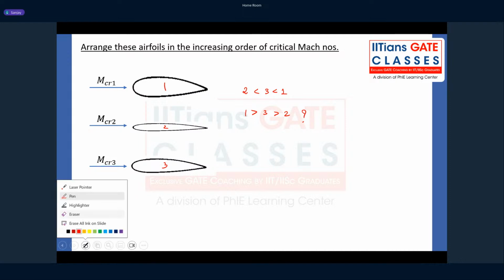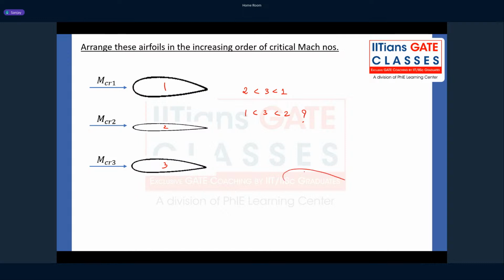Which one do you think is correct? Okay, so some of you have got it right, but not everyone. So let's see how thickness affects the critical Mach number for an aerofoil.